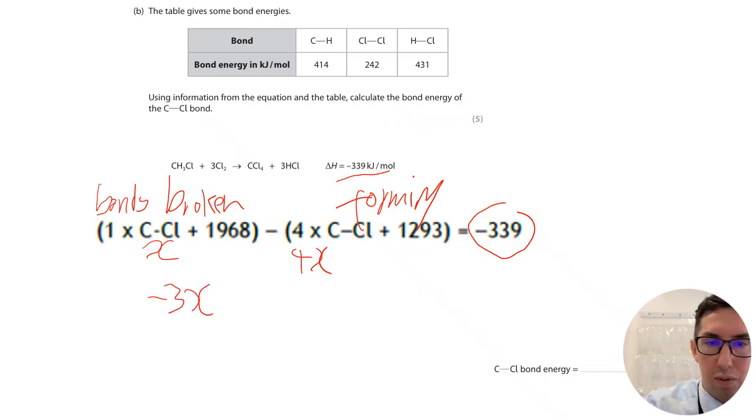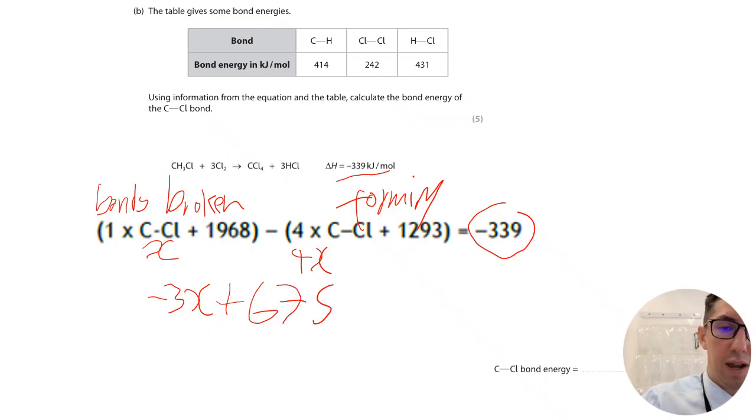And then we've got 1968 minus 1293. So that is positive 675 equals minus 339.